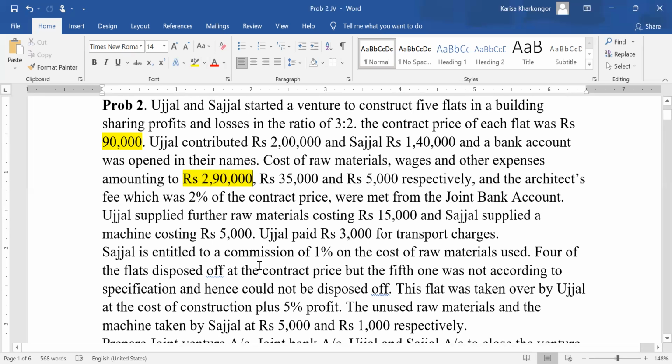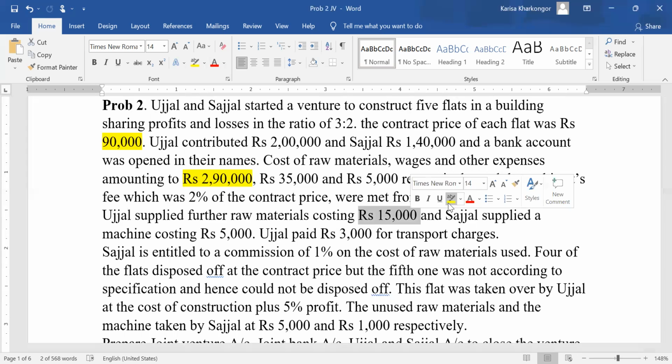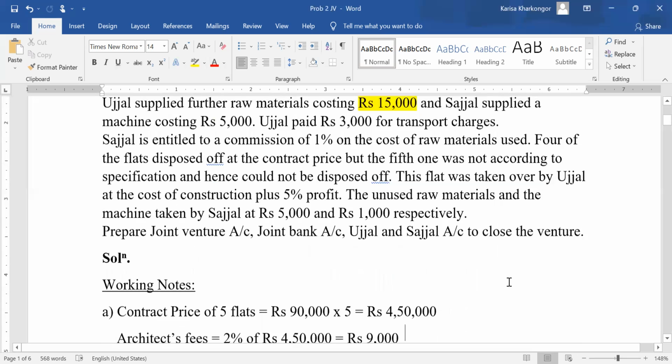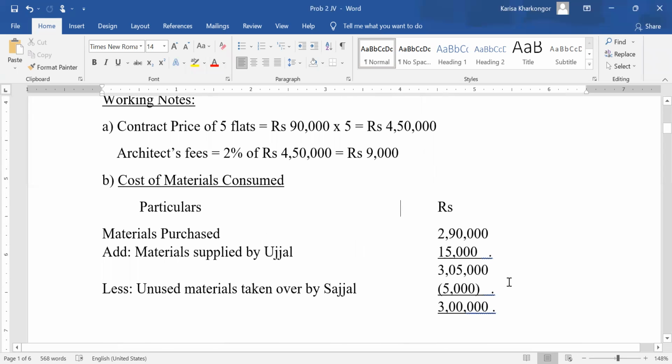There are also materials supplied by Ujjwal, amounting to rupees 15,000. So we add these materials purchased 2,90,000 and materials supplied by Ujjwal, rupees 15,000. After adding, the total materials used in the joint venture is 3,05,000.